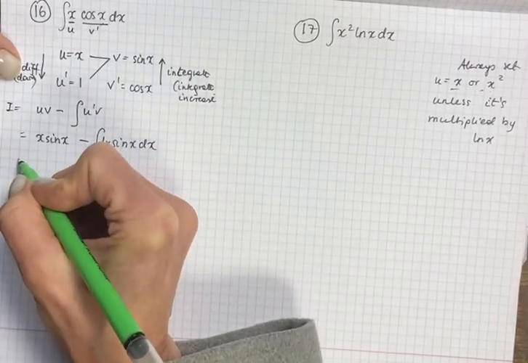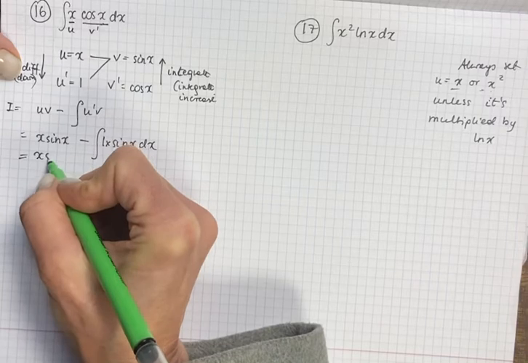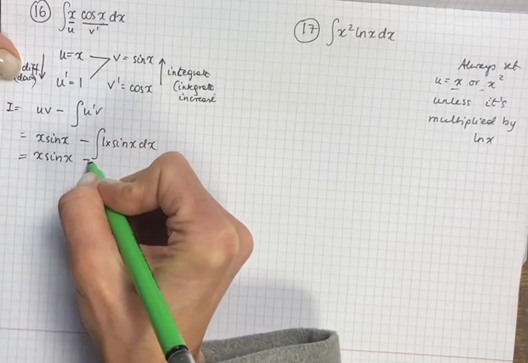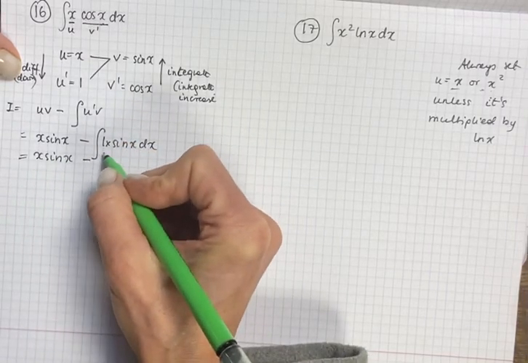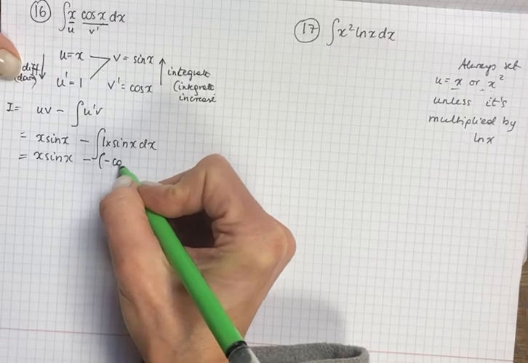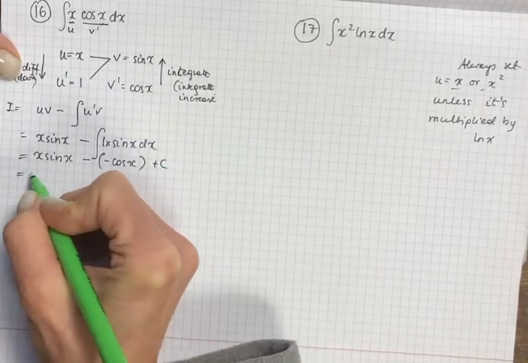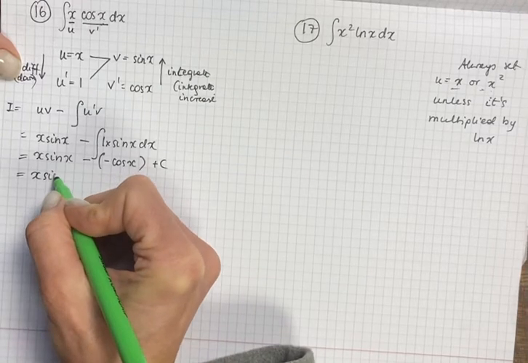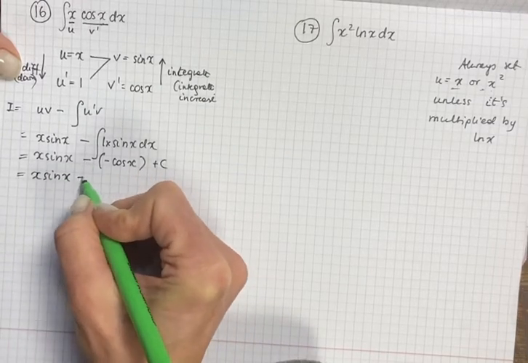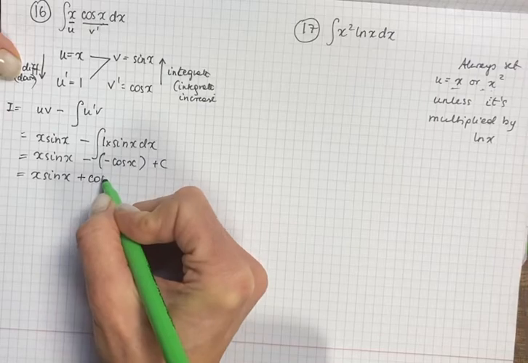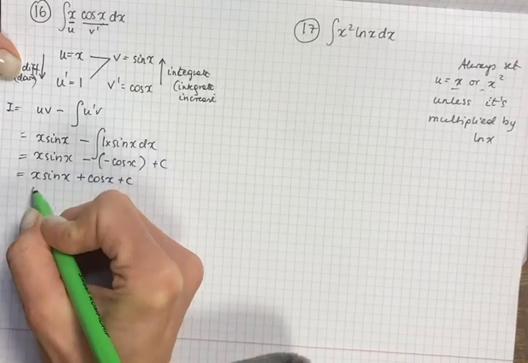Straight away you could write it down. So it's x sin x, and then we need to integrate sin x. Sine integrates to minus cos. So just write it finally by simplifying those two minuses to a plus. Done.